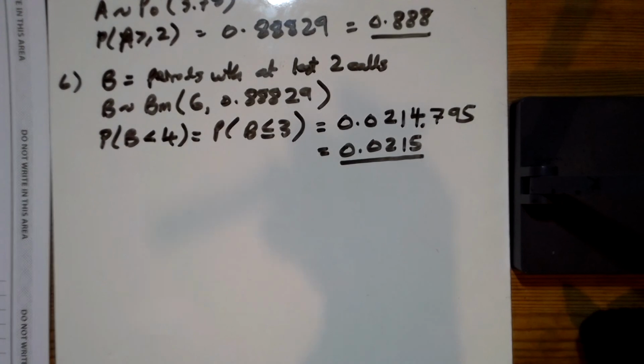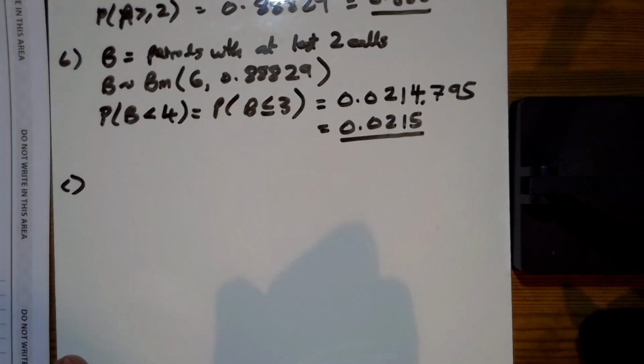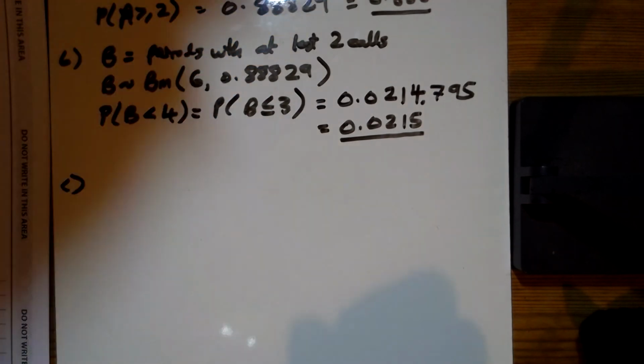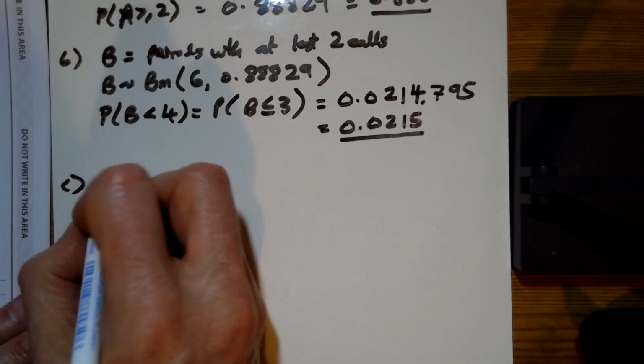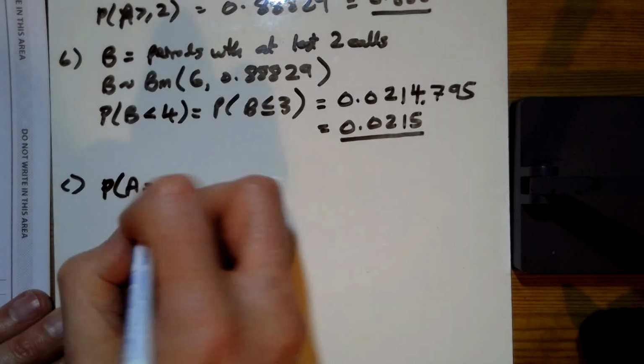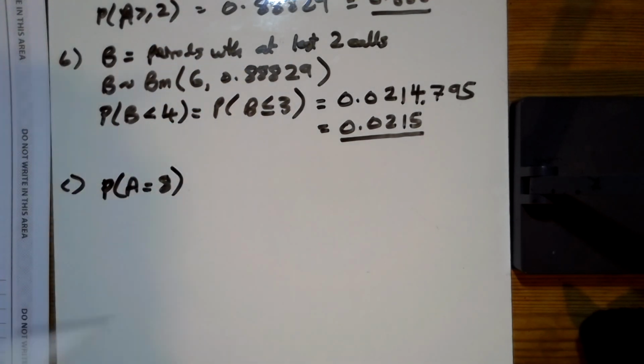So C, a manager selects 150 overlapping 30-minute periods. She records the number of calls in each of these, and we want to know the number of 30-minute periods with exactly 8 calls. Okay, so first of all, I need to know the chance of getting exactly 8 in 30 minutes.